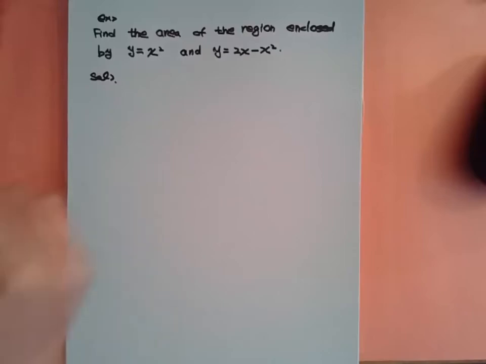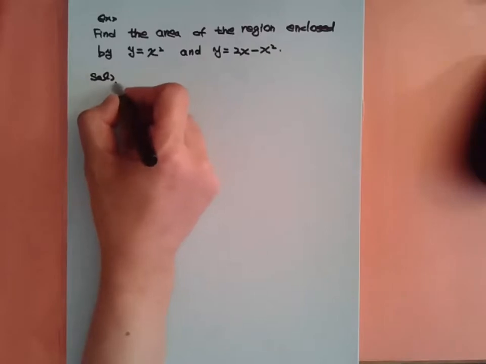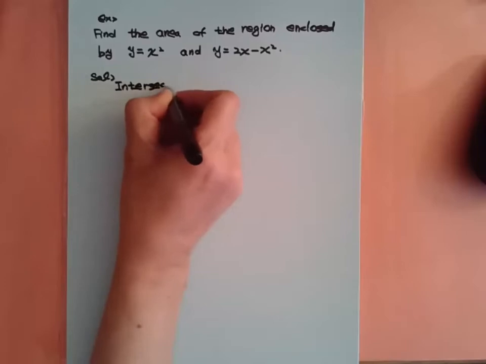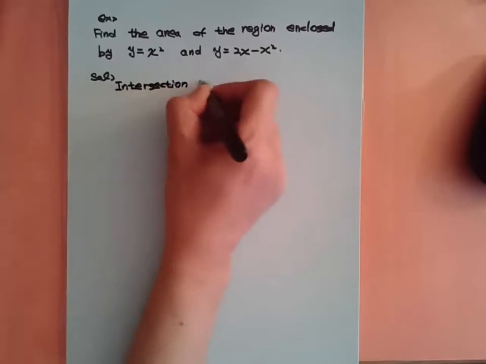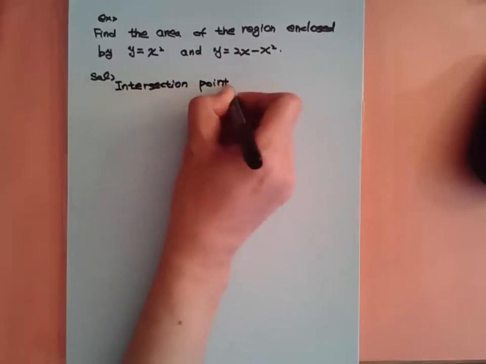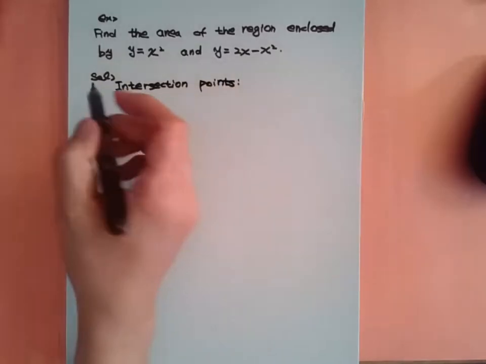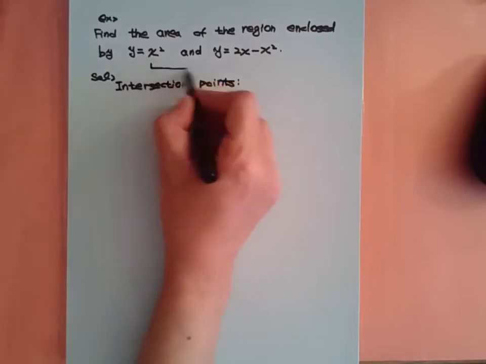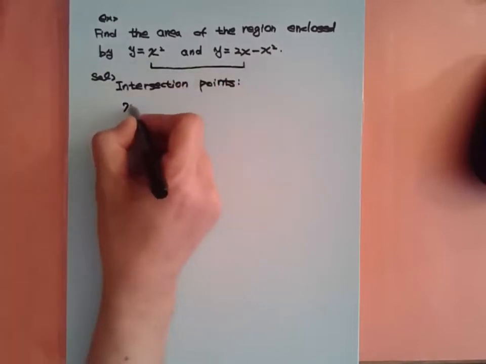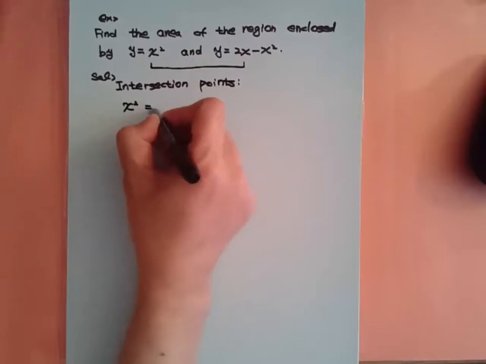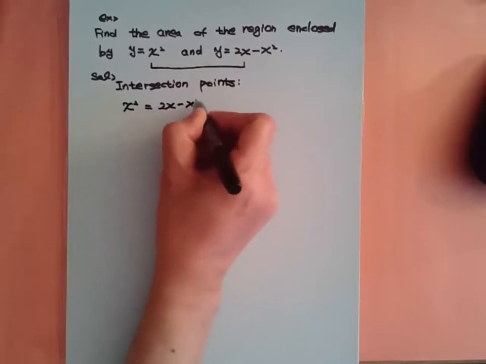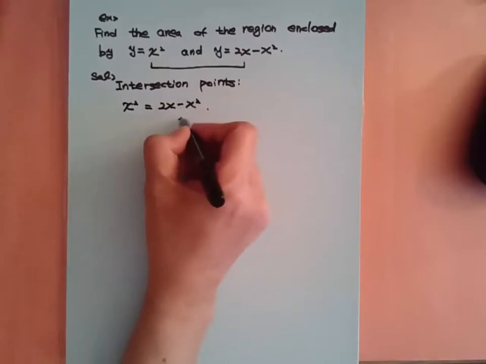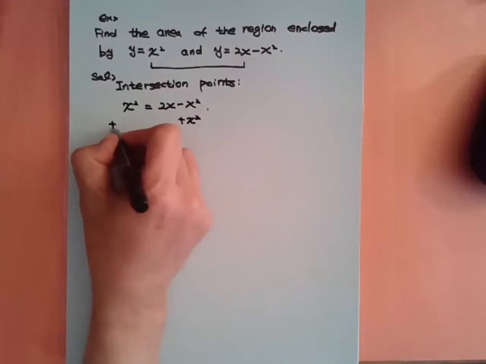So the first thing we have to do will be finding the intersection point. At the intersection point, y values must be the same. So we will put these two equal. So x squared equals 2x minus x squared. We add x squared on both sides.